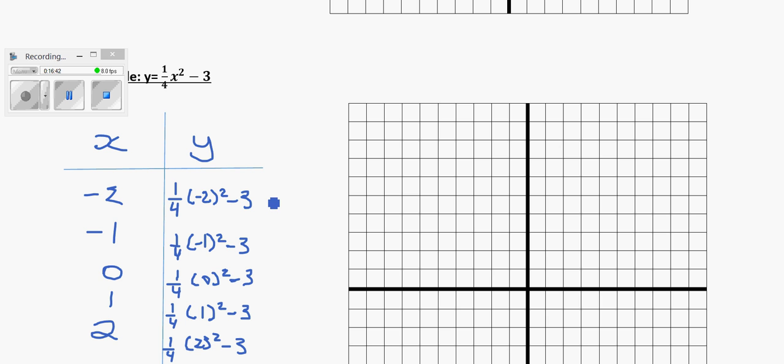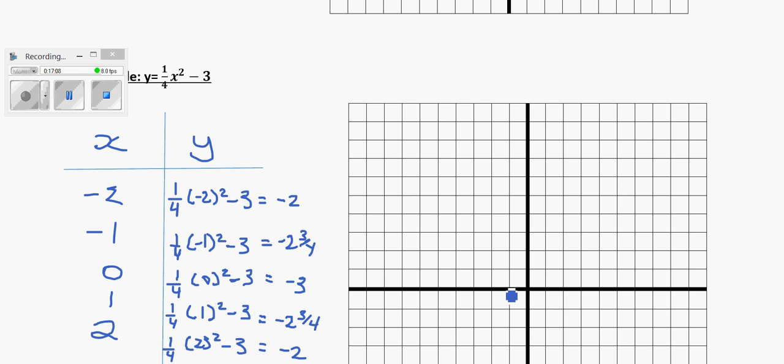And when you multiply these out and add things up, you should get -2, -2 and 3/4, -3, -2 and 3/4, and -2. So now we're going to take these points and we're going to plot them.